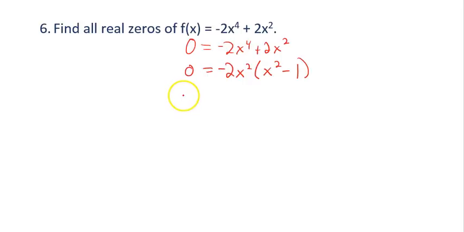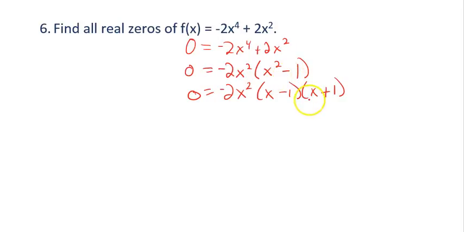I'm ready to set things equal to 0, so 0 will equal -2x squared, and 0 will equal x squared minus 1. I could actually factor that more, and probably that would be a good idea. So let me back up for a second before I do that and say 0 will equal -2x squared times x minus 1 times x plus 1, because that was a difference of perfect squares.